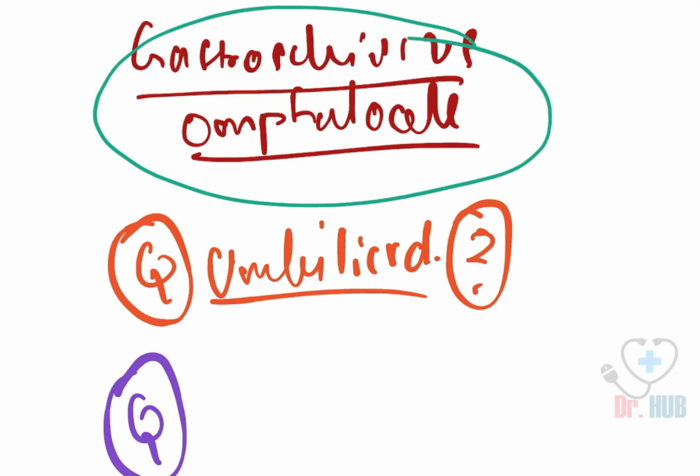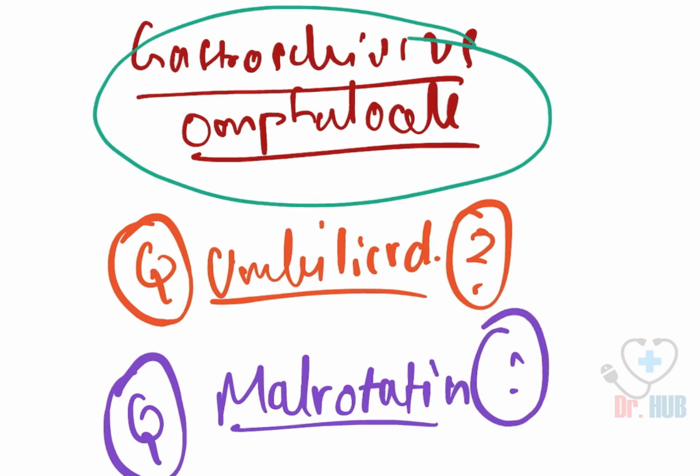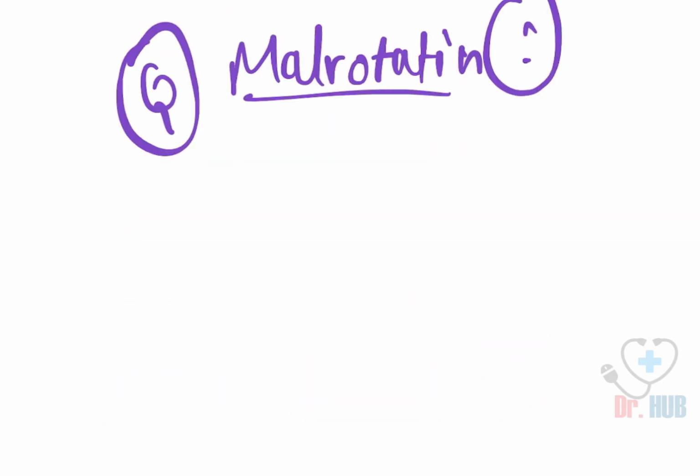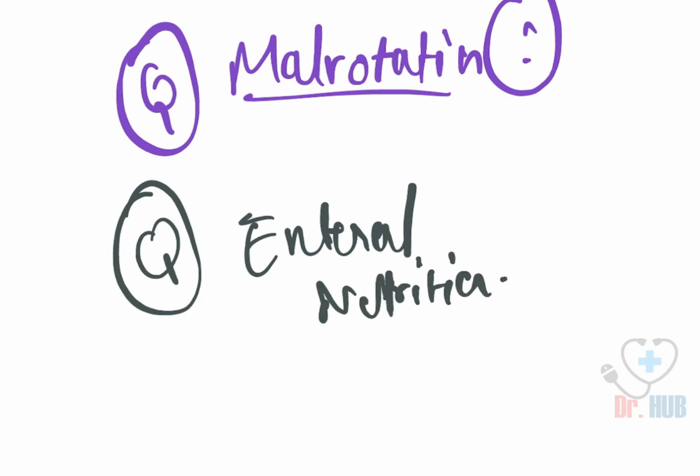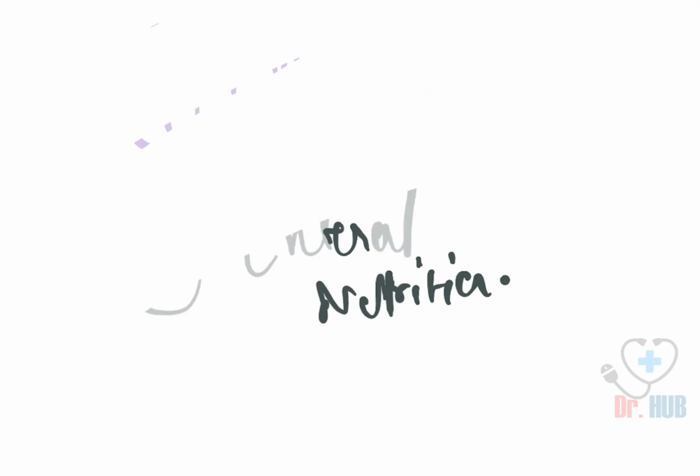Next, how is the malrotation? Is there malrotation in case of both? Next, what is the status of the enteral nutrition? We'll find out these answers and a lot more in this video.